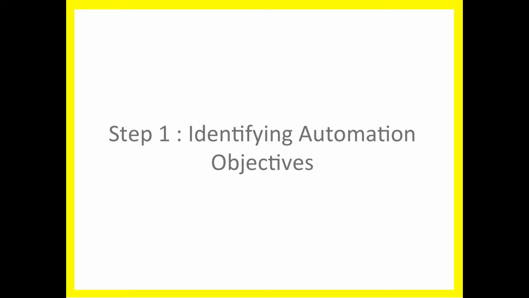Okay, so the very first step in the book is called identifying objectives, or more specifically, identifying automation objectives. When we want to identify our objectives, as I was saying earlier, there's no point in starting this process unless we clearly know what it is that we're trying to do.